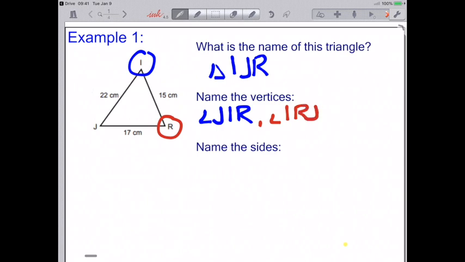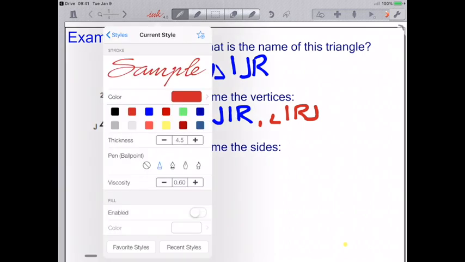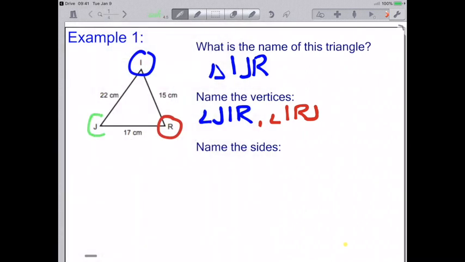Remember that the vertex of an angle is always in the middle of the 3 letters when we name an angle. So IJR would be another way to name angle R. And then finally angle J, I can call angle RJI. So those are my 3 angles named.